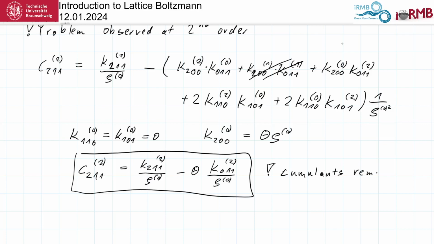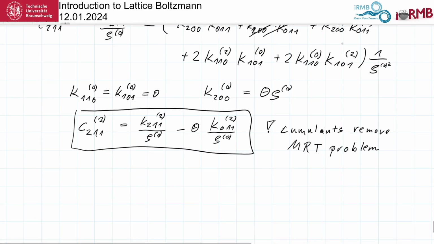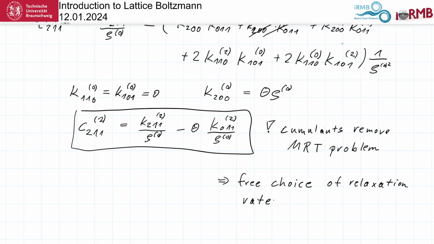So the cumulants remove the MRT problem. And this means that, unlike in BGK, we still have the free choice of all the relaxation rates, because everything here is independent of each other, so we can freely choose these rates if we use cumulants, but not if we use moments.